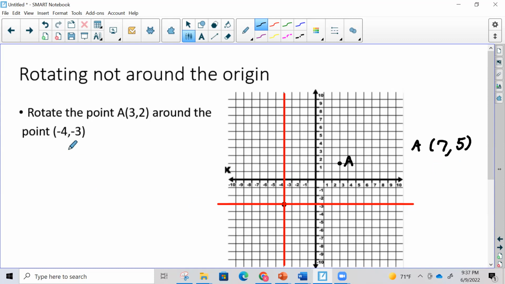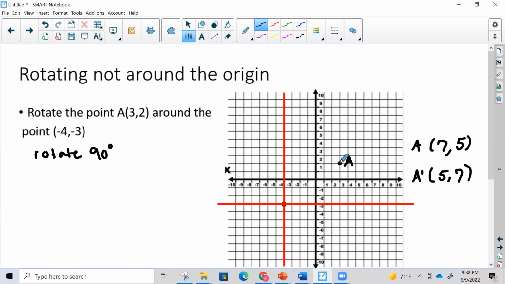Okay, so I'm going to rotate this, let's say, 90 degrees. And remember, if they don't tell me a direction, we assume it's counterclockwise. When we rotate something counterclockwise, generally how I figure it out is I know for 90 or 270, I have to switch the coordinates.